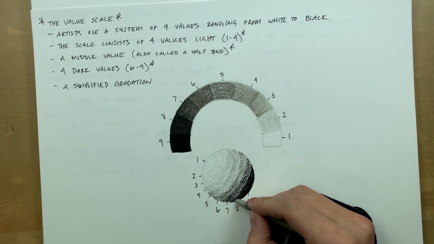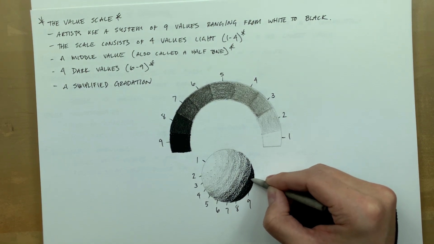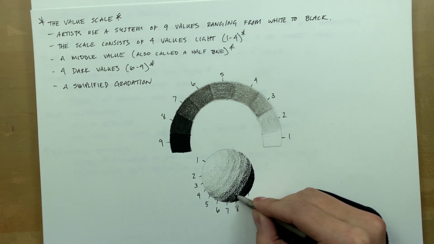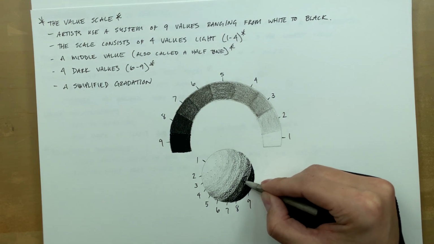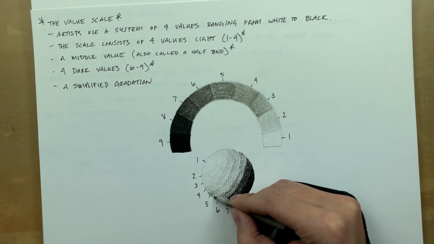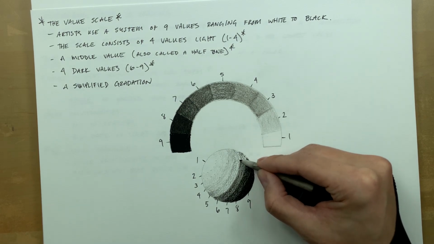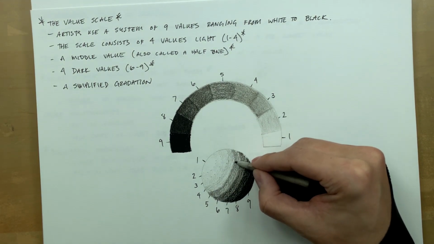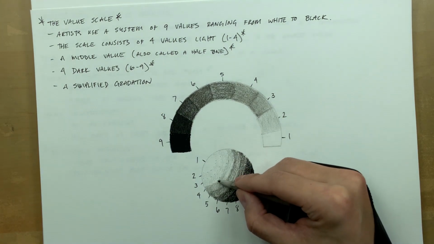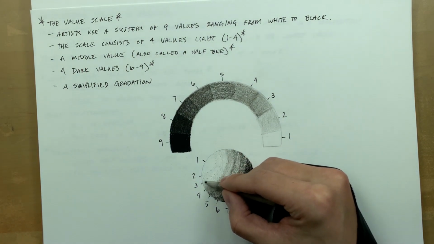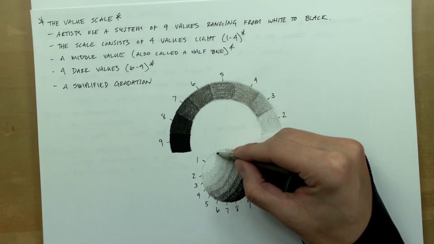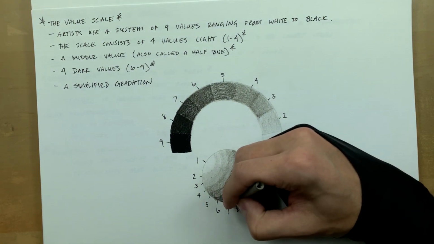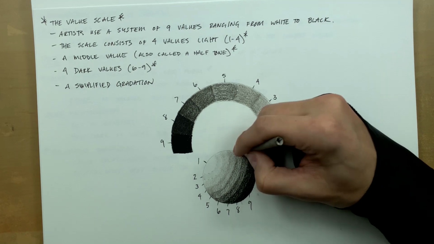And then we'll just use our smudger here and just pack in the charcoal. And this is one of the things that I wanted to show you in this video. Even though we're smudging and pushing the charcoal into the paper, we are still keeping the different values intact. And your viewer will still be able to see these because of those tonal variations from black to white.